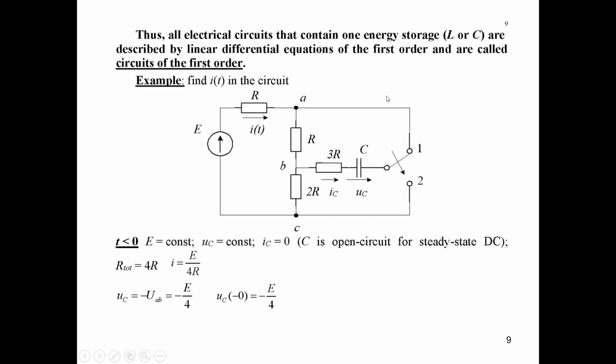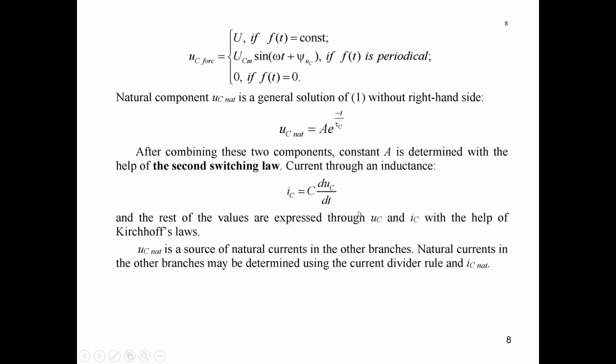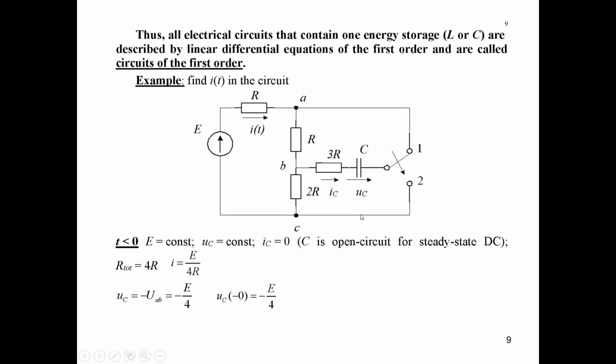But in this branch there will be no current, so there will be no voltage drop across this 3R resistance. Therefore, all the voltage drop across these two branches, equal to each other, will be applied to the capacitance. So UC will be equal to the voltage drop across these two points.